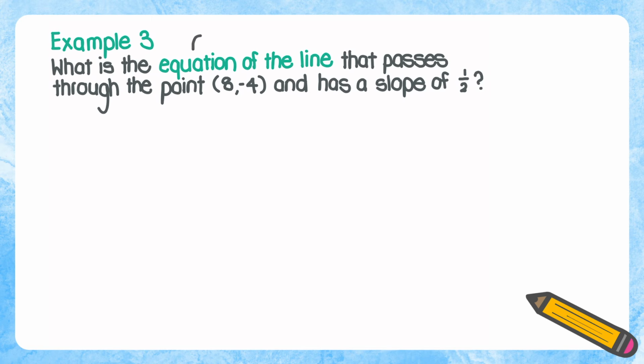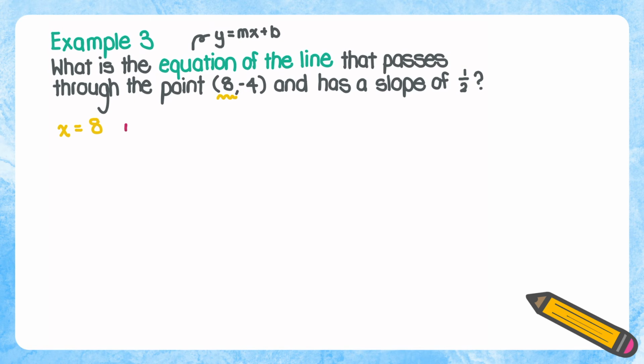Alright, so up here I'm just going to write the slope-intercept form of a line. y = mx + b. And what values are we given here in this problem? I know that our x value of the point is 8, right here.